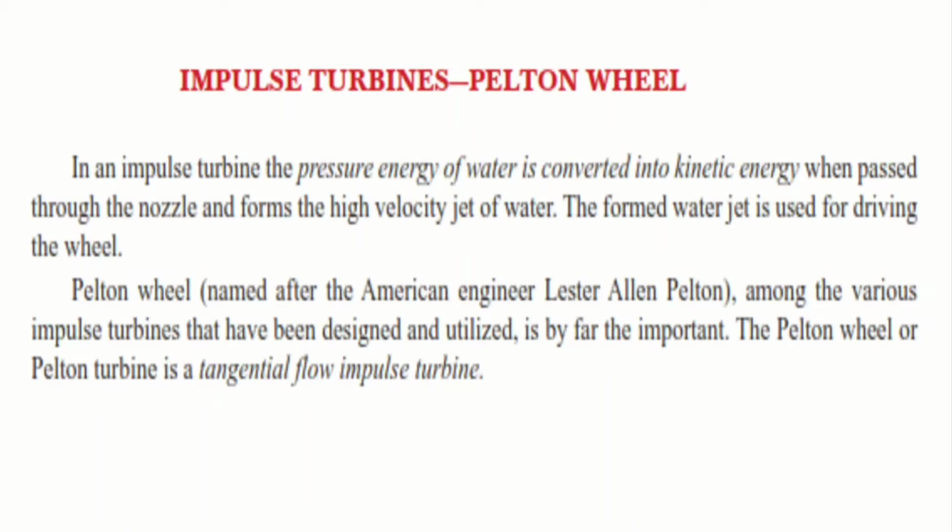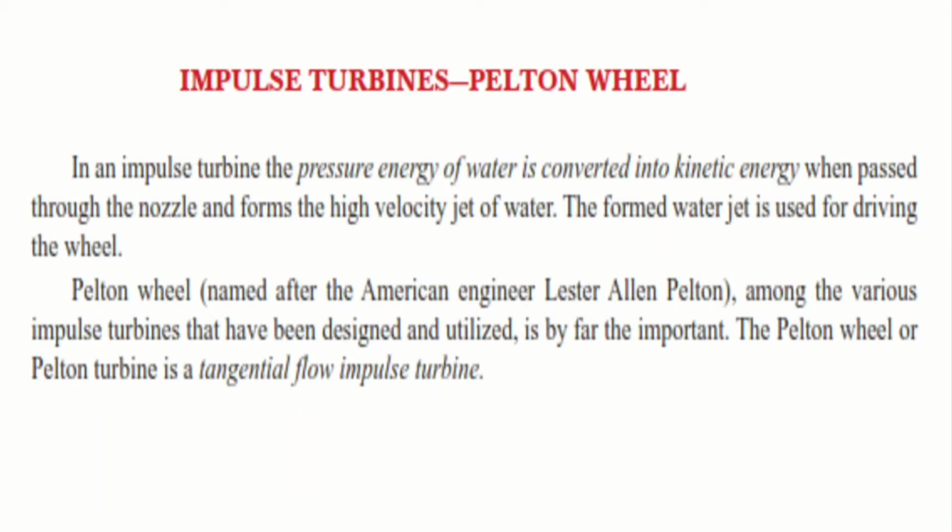It gets converted into kinetic energy while it passes through a nozzle and forms a high velocity jet of water. The formed water jet is used for driving the wheel.